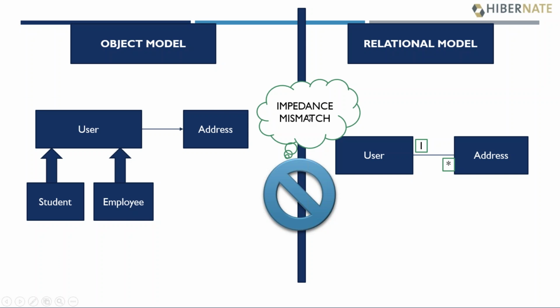So there is a mismatch between these two models, and that is called impedance mismatch. In order to overcome the impedance mismatch, we have come up with a new framework, that is ORM, Object Relational Mapping, that will address this issue.